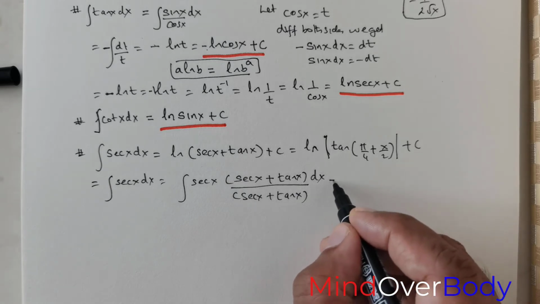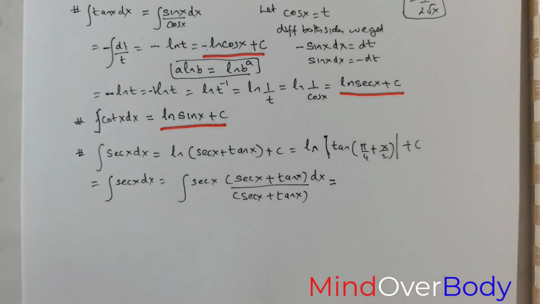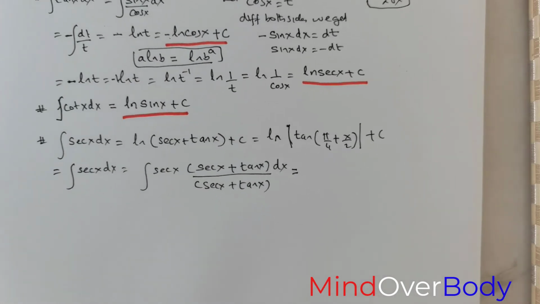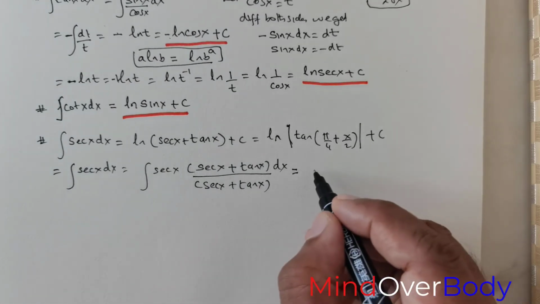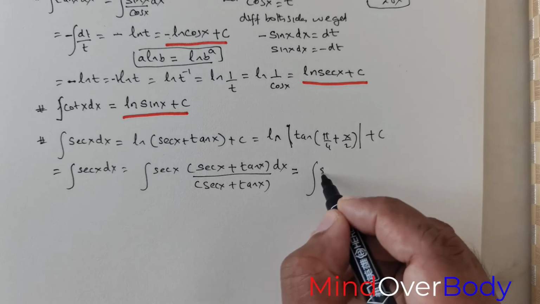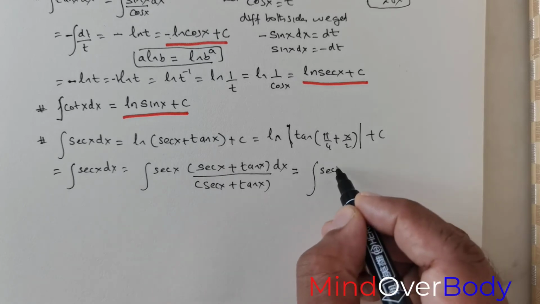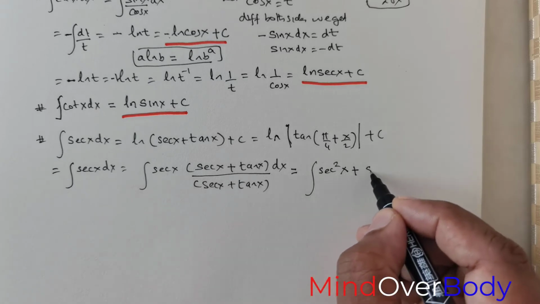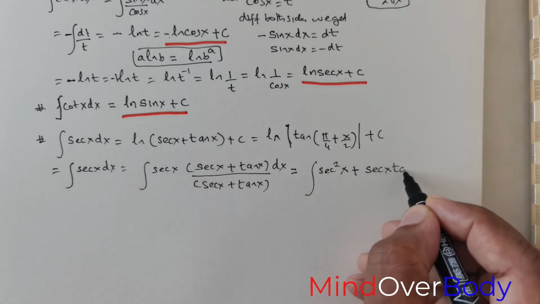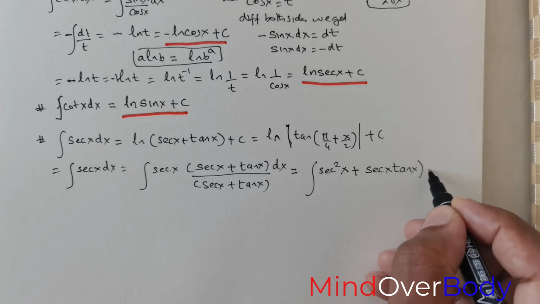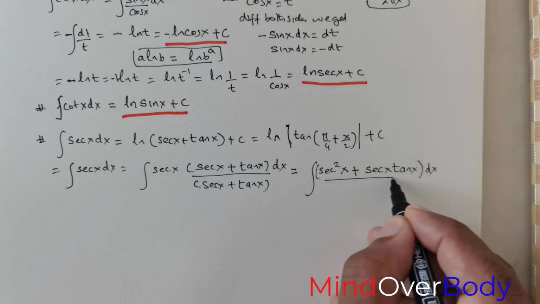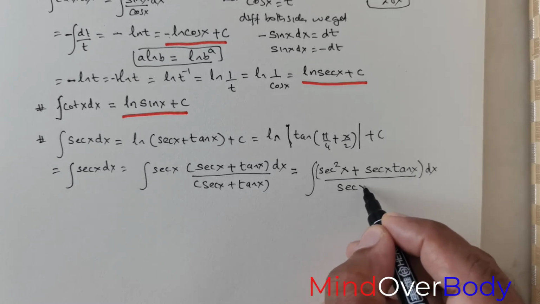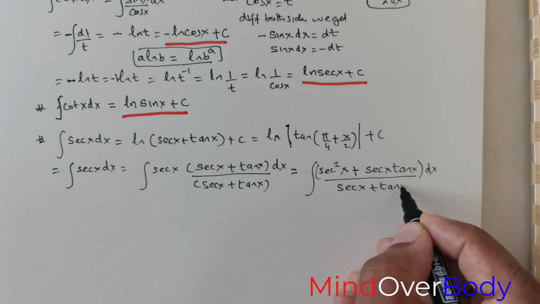Now I would like to distribute secant x, so that would be secant x times secant x, secant squared x, plus secant x times tan x, times dx divided by secant x plus tan x.